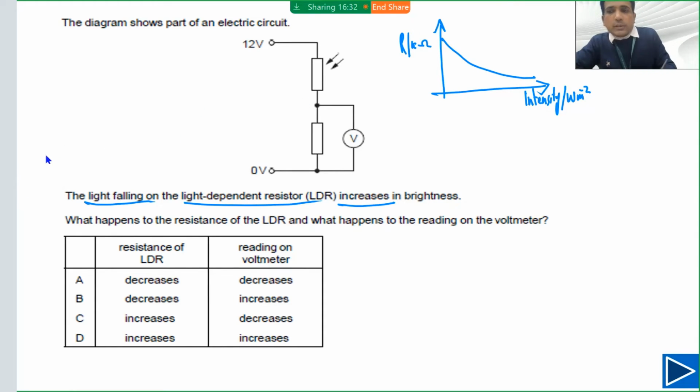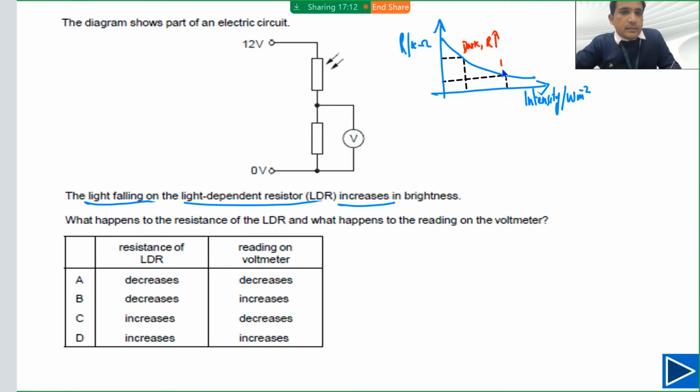So you can take 2 points on this one. I just want to make sure you have a picture of this graph in your mind. That's the reason I'm sketching again. Otherwise I can just simply say resistance will decrease. So I want you to keep this graph in your mind. Let's say we take a second point. When it is dark, intensity is low, resistance is high.